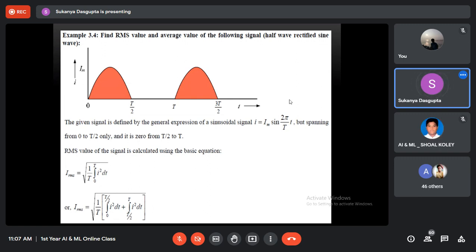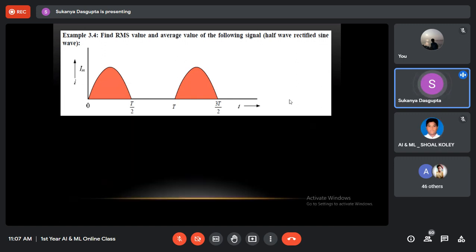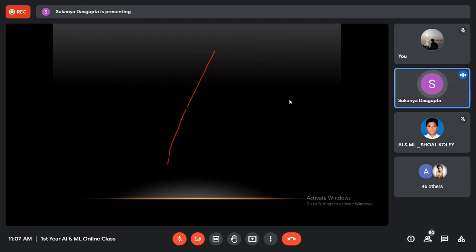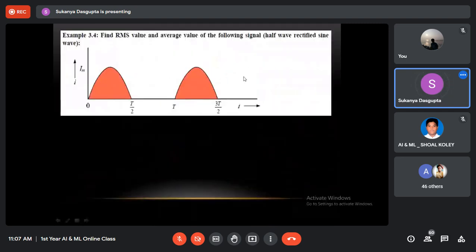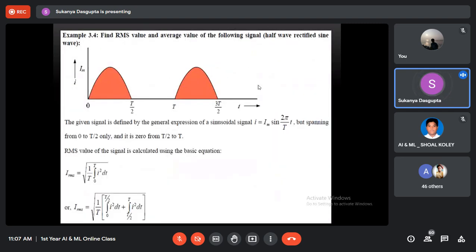Fine. Previously the signal was a pulsed signal, so we easily considered the function I as Im. But this time it's a sine. So we'll consider the mathematical equation of this current signal as Im sine omega t.